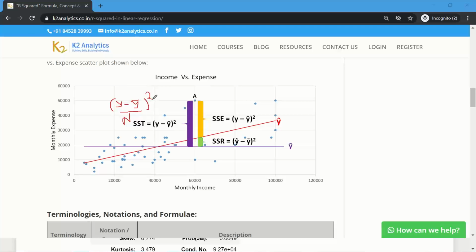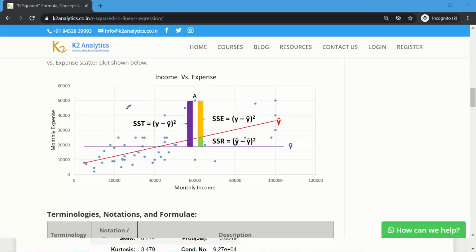This is the formula for variance. When I do the sum of squared total and simply divide it by n, it becomes variance. And if I don't divide by n, we call it sum of squared total.